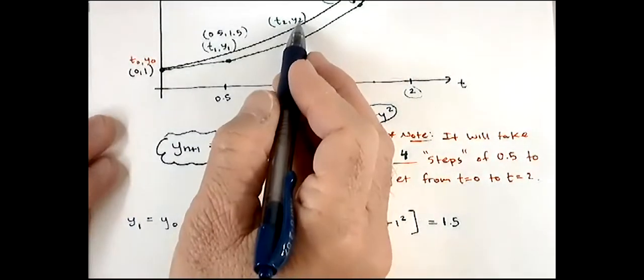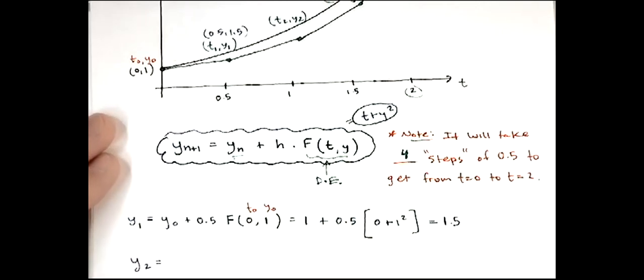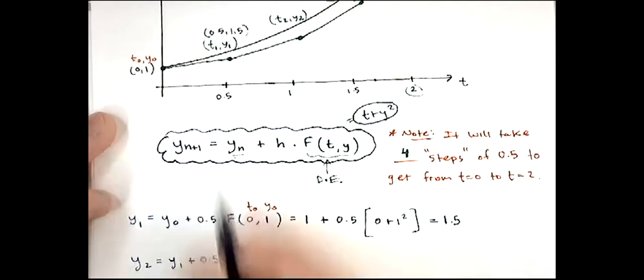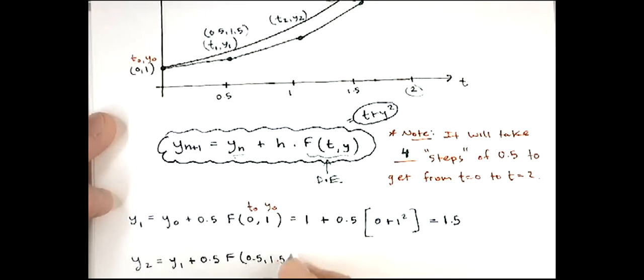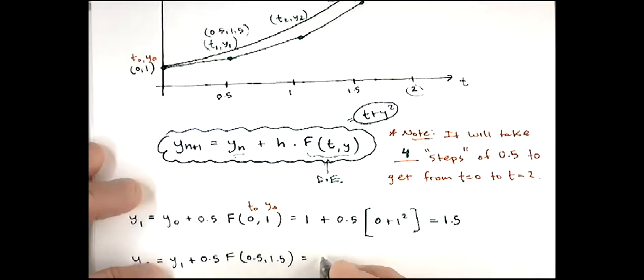I want to now find what y2 is. I need an updated value. So I'm going to go y2 would be equal to y1 plus 0.5 times f of this value, 0.5, 1.5. And this is where things are going to get messy because y1 is 1.5 plus 0.5.